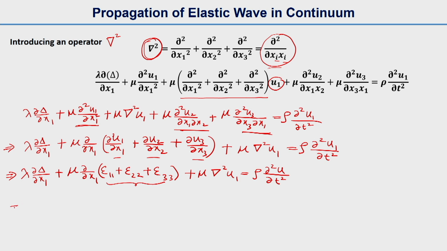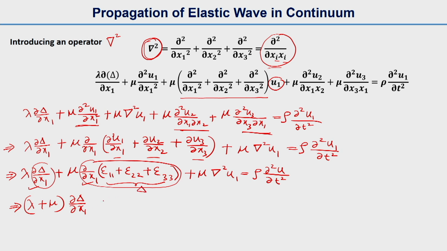From here again we can combine this term and this term, because this lambda and this mu part is similar, and this entire thing also gives us the same thing, because that is delta.